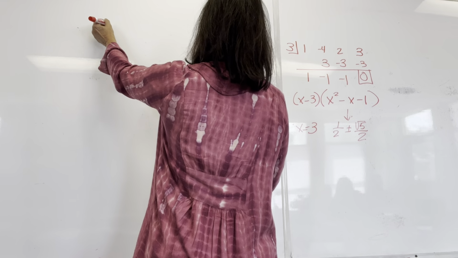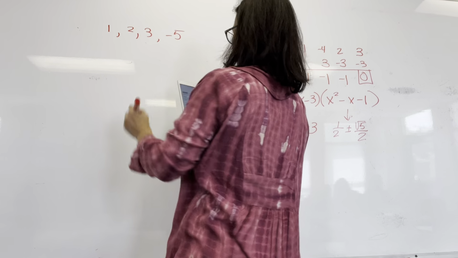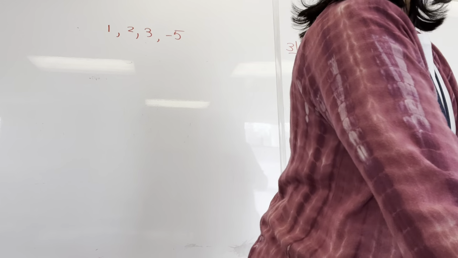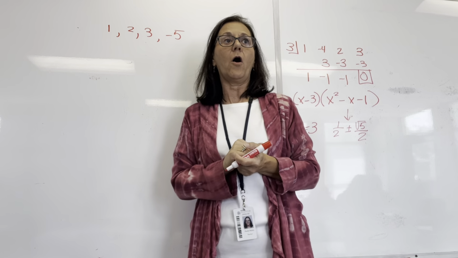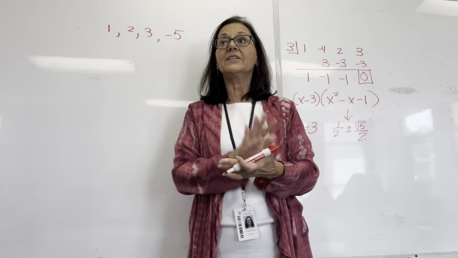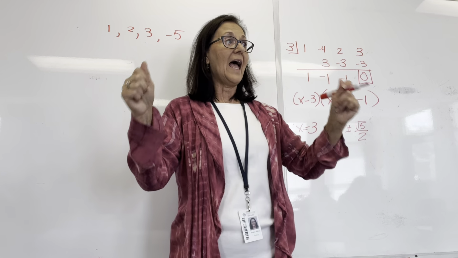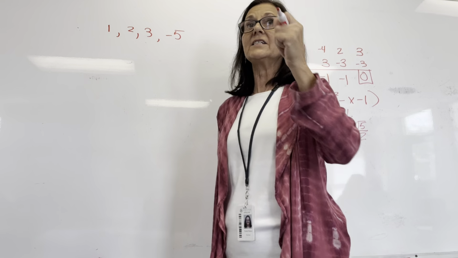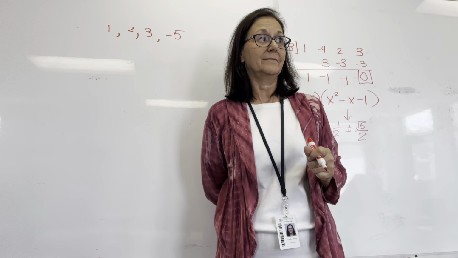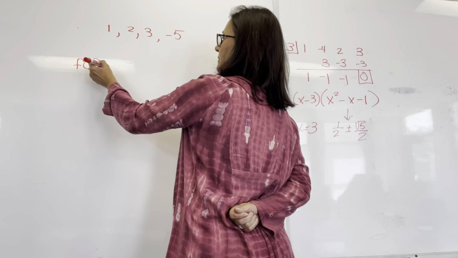And here are the zeros. 1, 2, 3, and negative 5. Those are the zeros. When I say those are the zeros, what do you know they are? They are x-intercepts. They're solutions. It's where it crosses the x-axis. Or it at least touches the x-axis. All right?